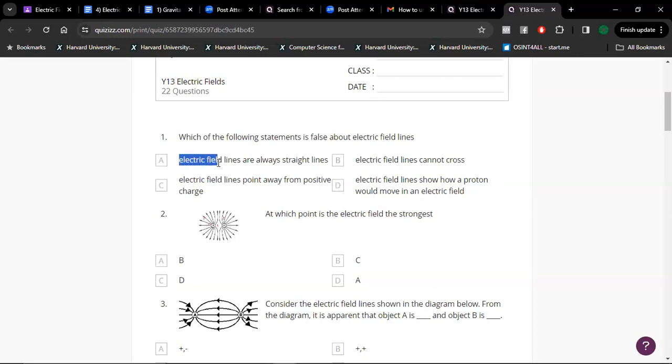Question A: electric field lines are always straight lines. I think I briefly hinted at this, and so the answer is this one. This is false. Electric field lines are not always straight. We know electric field lines point away from positive charge; that's easy. Essentially, it's never a straight line, and that's how energy is lost, because the lines represent the flow of energy.